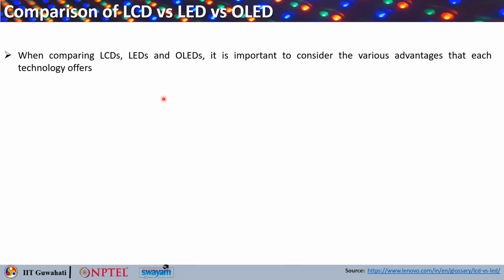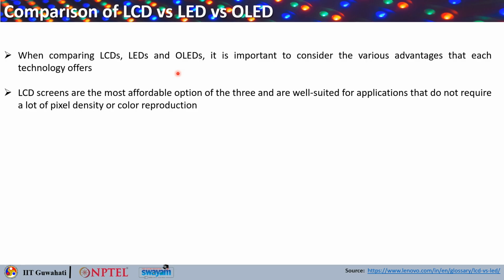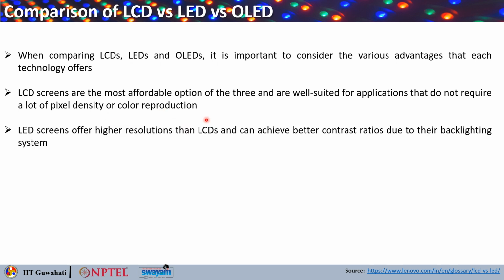So, let us make a final comparison between LCD, LEDs and OLEDs. When you compare these three, it is important to consider the different advantages that each of these technologies offers. So, we understood that LCD screens are the most affordable option of these three, and they are very well suited for applications that do not require a lot of pixel density or color reproduction.